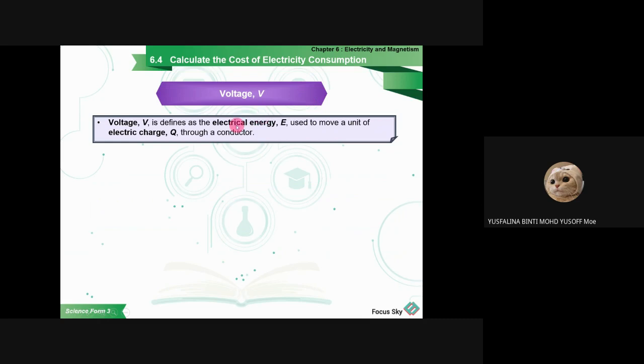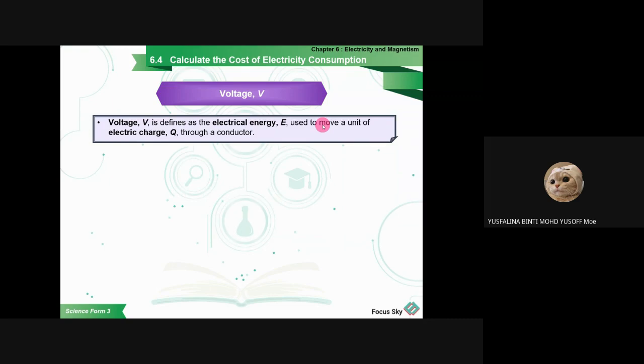Voltage is defined as the electrical energy used to move a charge through a conductor. I already told you just now that current is the rate of flow of electrons, meaning charge.